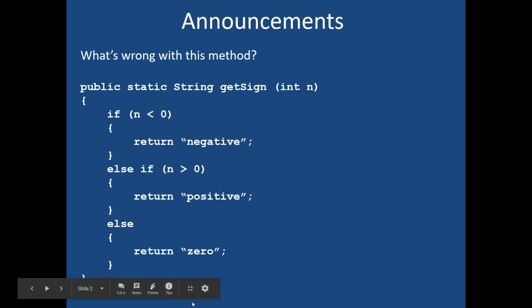So what he's proposing is, what if we declared a variable here, like string result, and initialize it to the empty string? And then here we say result gets negative. Here we say result gets positive. Here we say result gets 0. And then at the bottom we say return result outside of the if. Yeah, that would work. But it makes the code a little less straightforward.